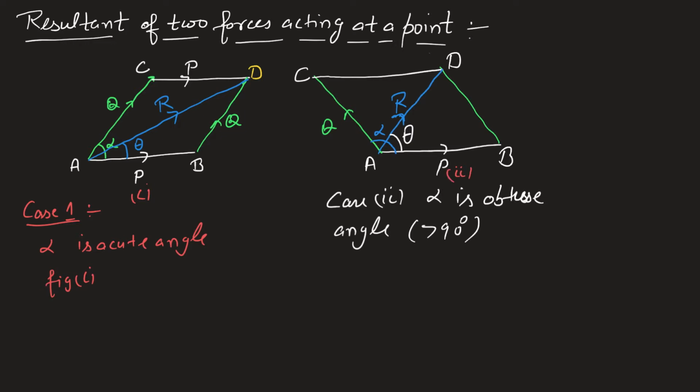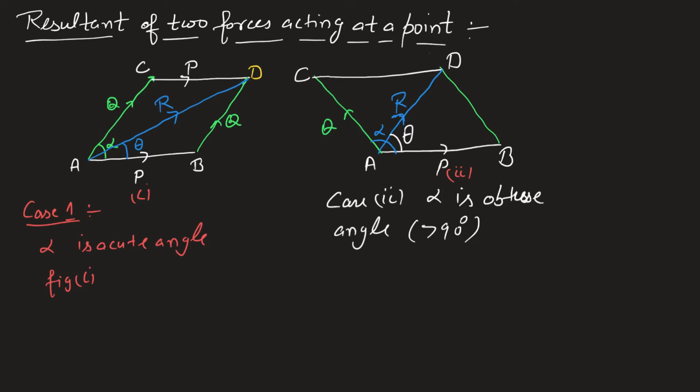In both the cases we will try to find the direction of the resultant. Direction means the angle which the resultant is making with the direction of P, in the first case and in the second case also, and the magnitude that we will also be determining.